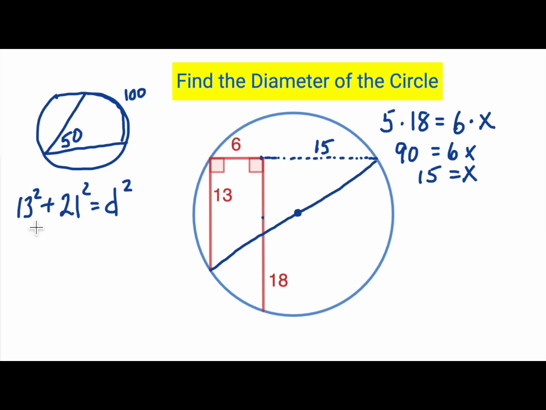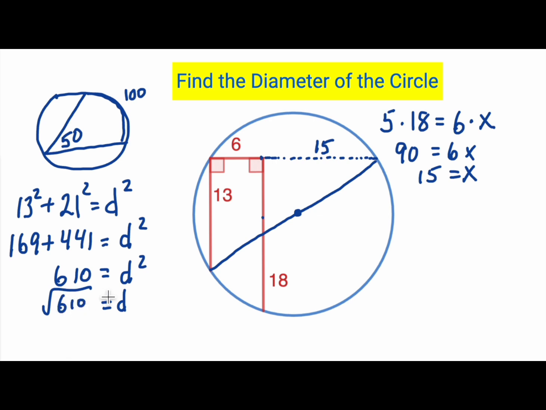D stands for diameter. 13 squared is going to be 169 plus 441 equals d squared. D squared equals 610. D is equal to the square root of 610. So D is about 24.7. Okay, there's our final answer.